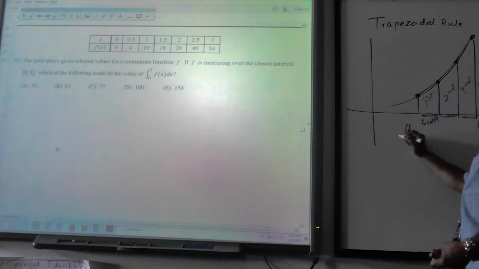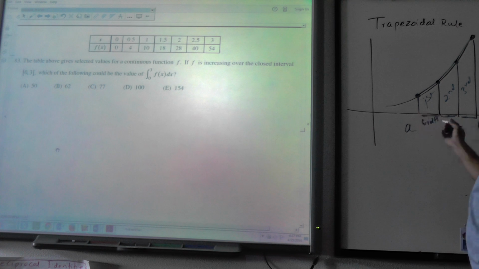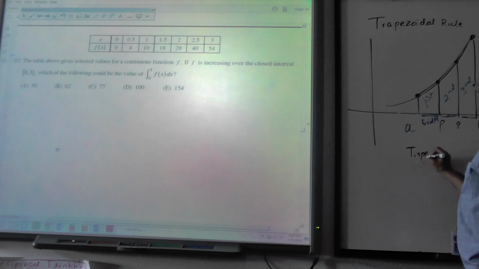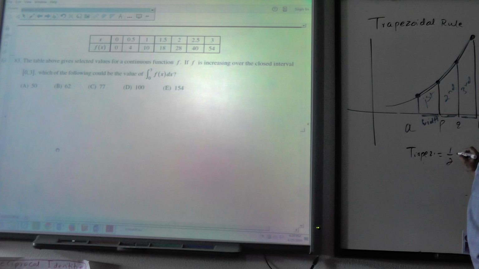Let's say this is your a, and in between you have, let's say, p and q here. The area of a trapezoid is half the height times b1 plus b2, the two bases. Here they are paired. This is your f(a), this is your f(p), this is your f(q), this is your f(b).